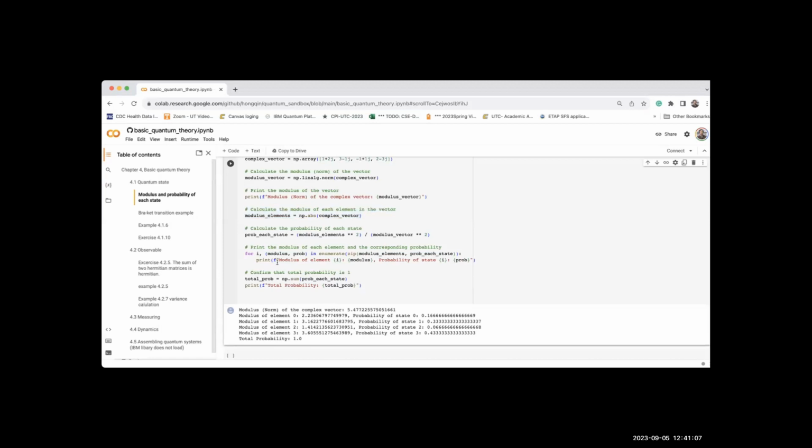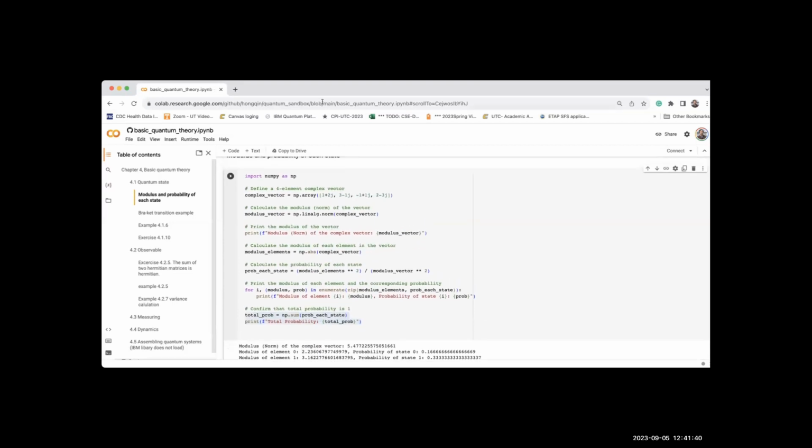For each state, we print out its modulus and the probability, which is basically the modulus divided by the entire vector's norm. Then we confirm that the entire probability sums up to 1.